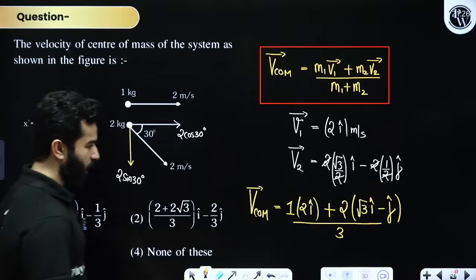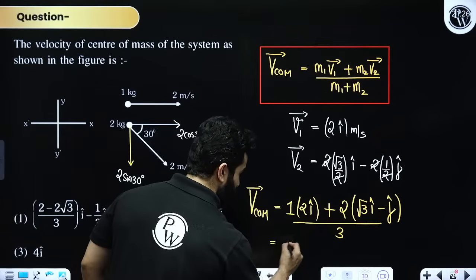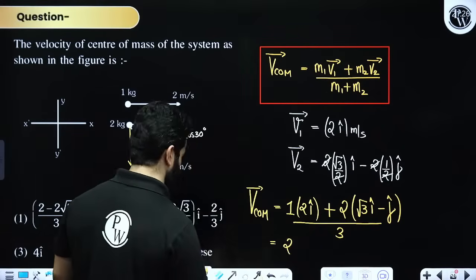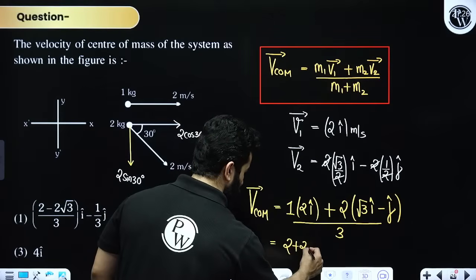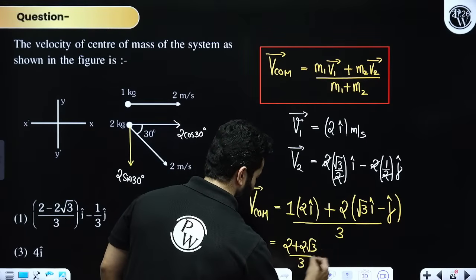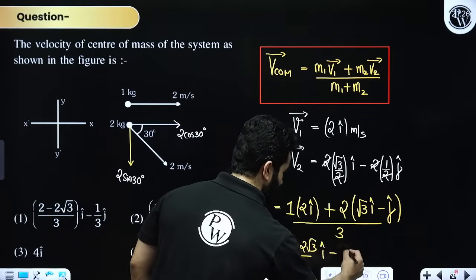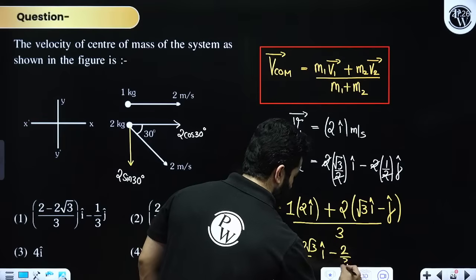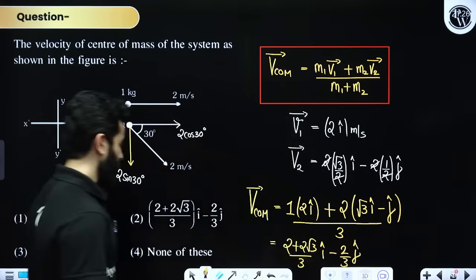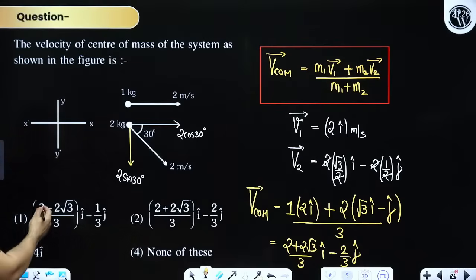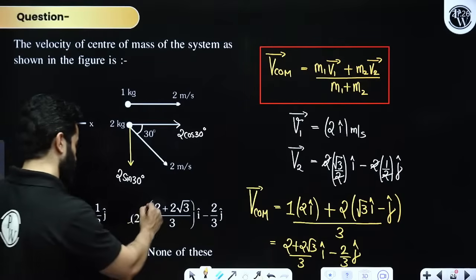Let's write down i cap together: 2 plus 2 root 3 divided by 3 i cap minus 2 by 3 j cap. So this option is wrong, and I think this option is absolutely correct.